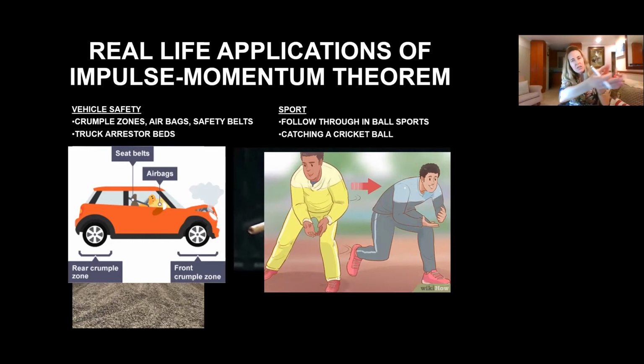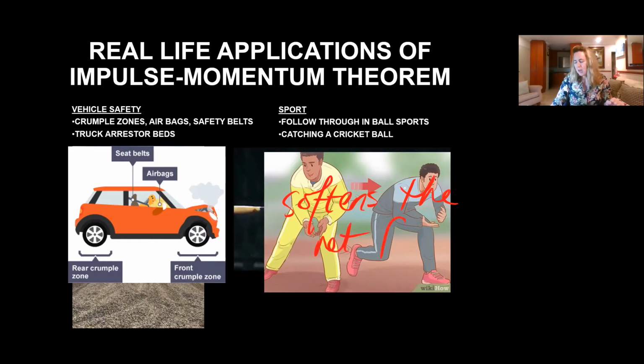But if they increase that contact time, it actually softens the force. We say it softens the net force acting on their hands, and it will protect their hands. If you stop a hard ball abruptly with your hands, it can actually break the carpal bones in your hands. So you need to know how to catch any sort of hard ball like a cricket ball.